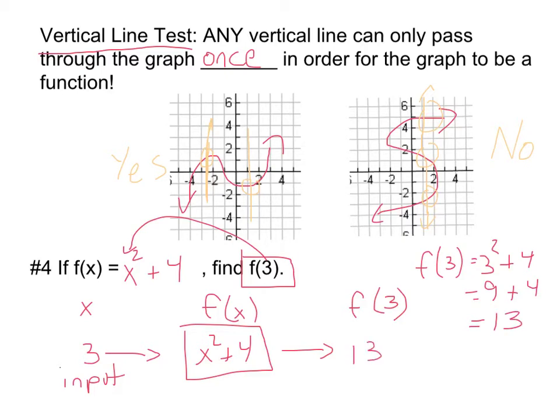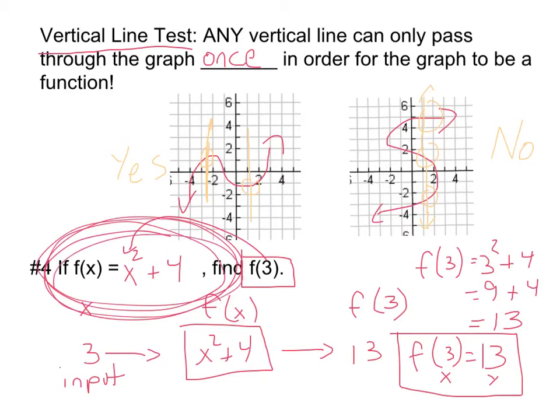Therefore, we just say that f of 3 is 13. Here's your x, here's your y. It's an ordered pair that would be on this graph if you were to graph it. You could just start plugging in a bunch of numbers and get a whole bunch of ordered pairs and play connect the dots, and it'd be really, really pretty and really, really fun. You can do it in your own time, though. We gotta move on.